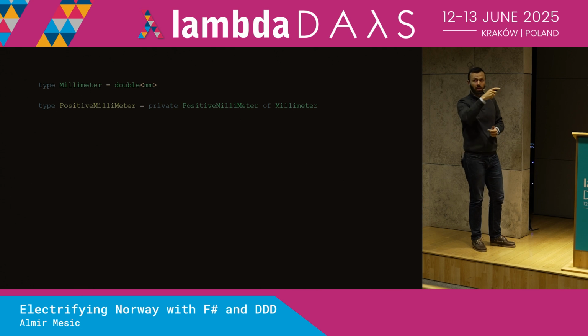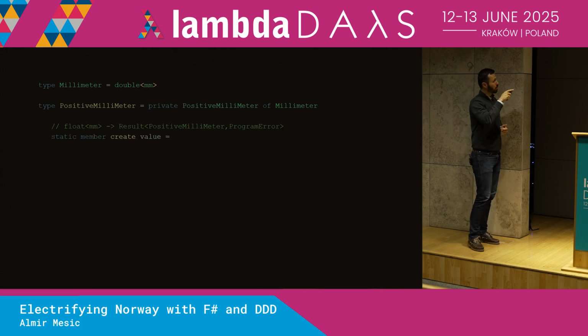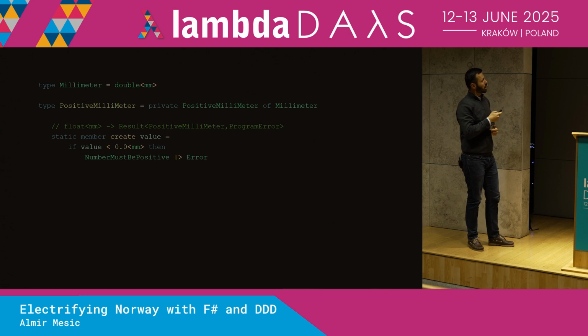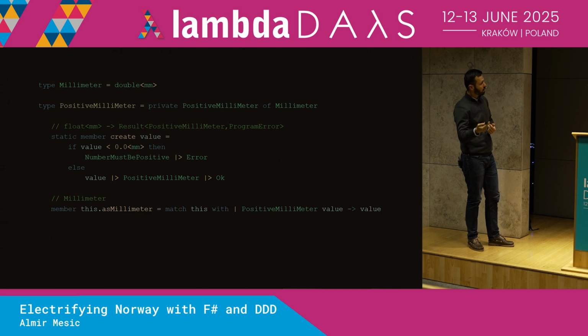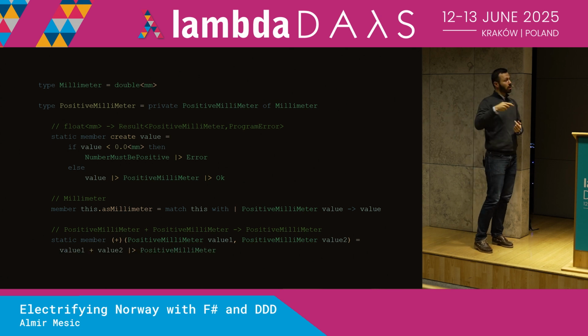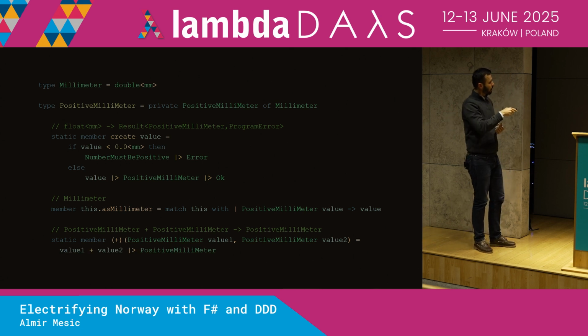And then we use private because we want to ensure that the only way to create this type is to use a function. So for this, we check if it's below 0, we return an error, or otherwise it's okay. We have a method to extract the inner value. We overload the plus operator.